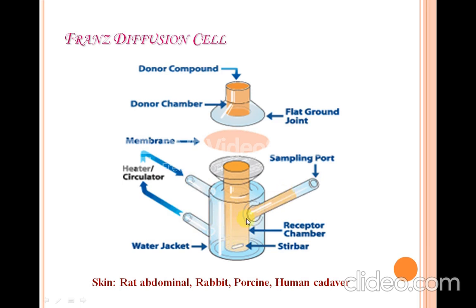So what do we mean by in vitro diffusion study and ex vivo diffusion study? When we are using a membrane filter for the diffusion study, it is an in vitro diffusion study. And if we are using the skin of a rat or rabbit as the membrane and checking the diffusion rate through the skin, then that diffusion study is called an ex vivo diffusion study.